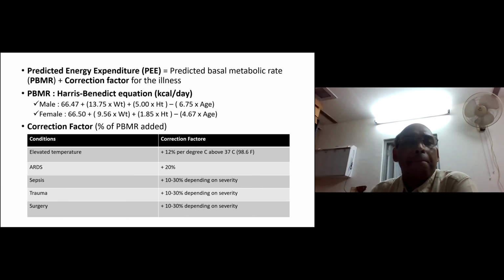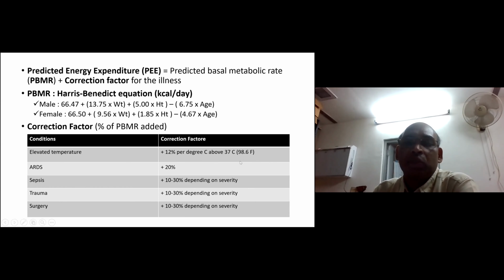Whatever the calorie requirement is, there is the Harris-Benedict equation. Then a correction factor is added to the required calorie amount. If the baby is febrile, we can add 12% per degree increase above 37.